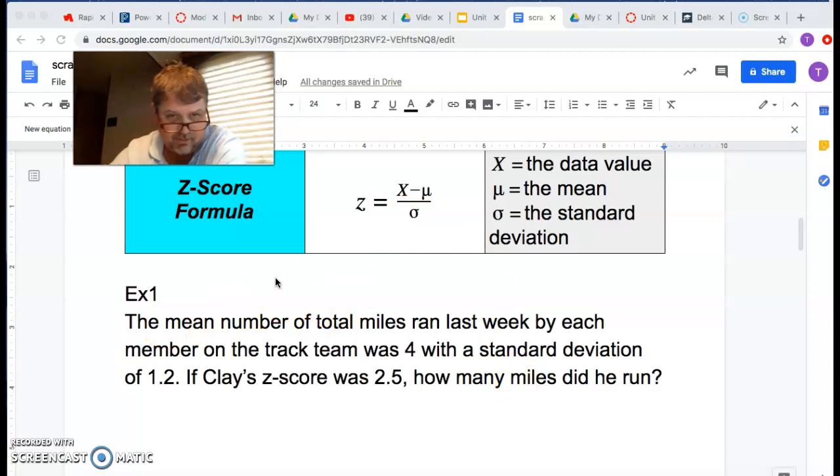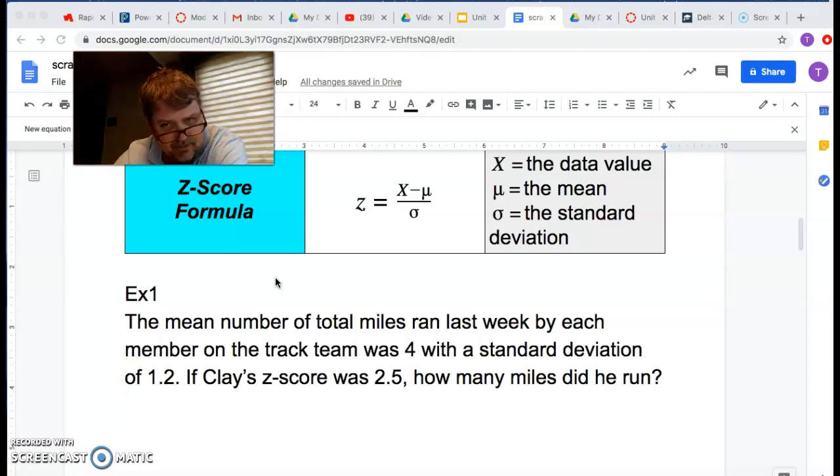Okay. So one question that could be asked that has to do with this formula would be example 1 here. It says the mean number of total miles run last week by each member of a track team was 4. So that's your mu, with a standard deviation of 1.2. It says if Clay's z-score was 2.5, how many miles did he run?